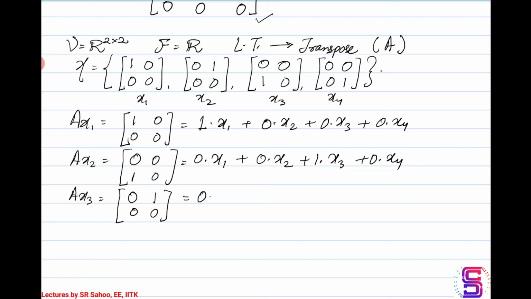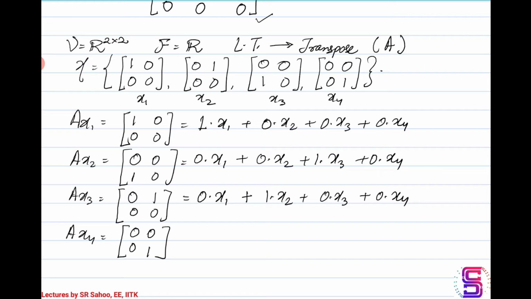Ax3 gives me [0, 1; 0, 0], so this is 0 times x1 plus 1 times x2 plus 0 times x3 plus 0 times x4. And Ax4 gives me again 0 times x1, 0 times x2, 0 times x3, and 1 times x4.